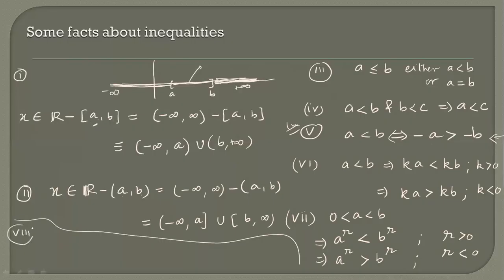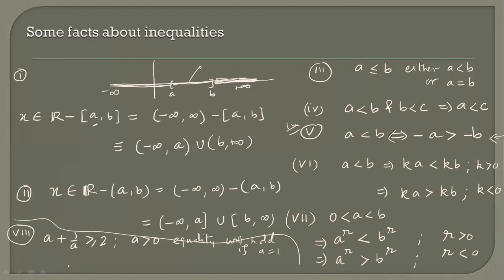Property number 8, this is a very standard result. a plus 1 upon a is always greater than or equal to 2 if a is positive. It can be solved by using the arithmetic mean and geometric mean property, or you can take 2 to the left hand side and by squaring both sides you can prove this result. Equality will hold if a equal to 1, meaning you will get exactly 2 on the right hand side.